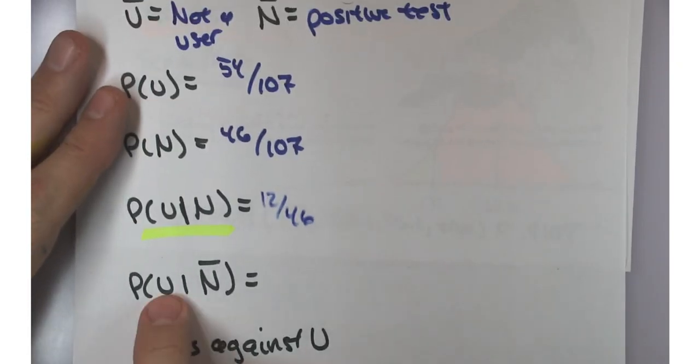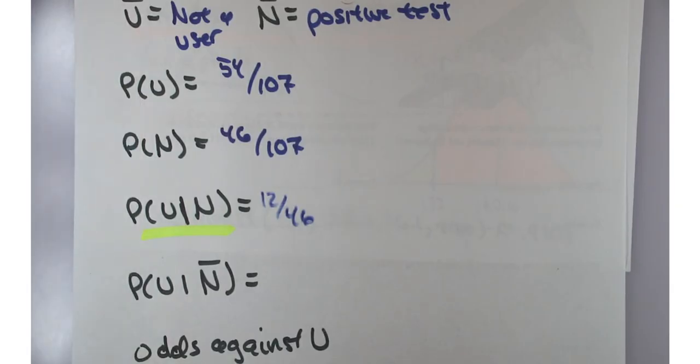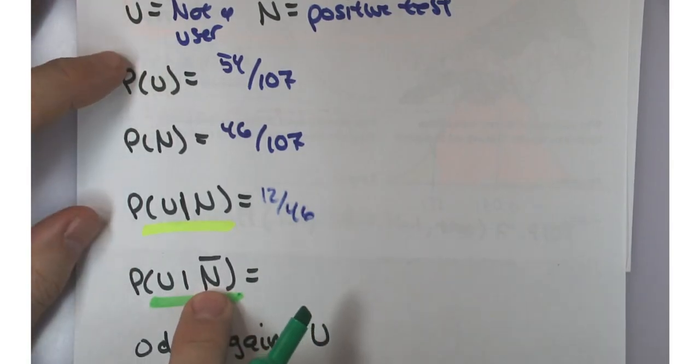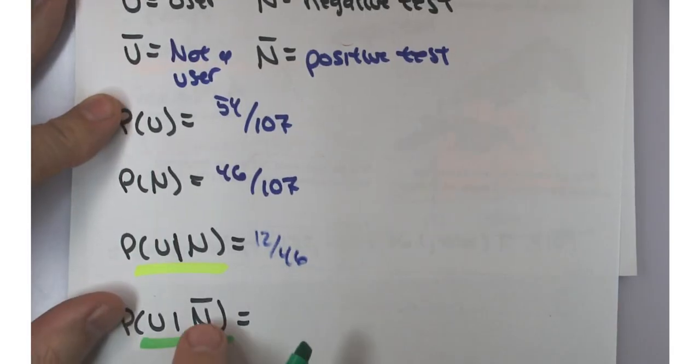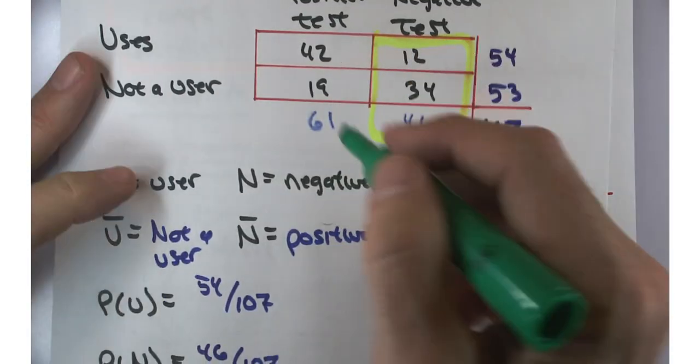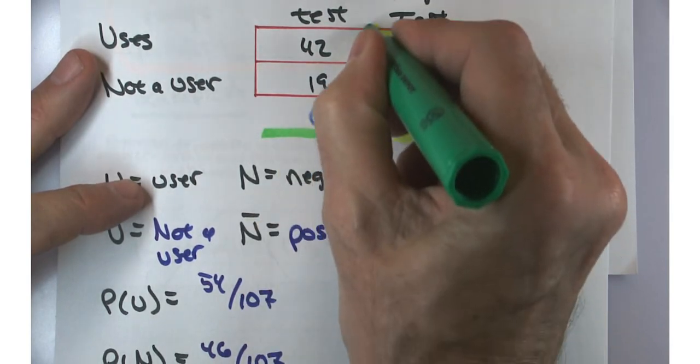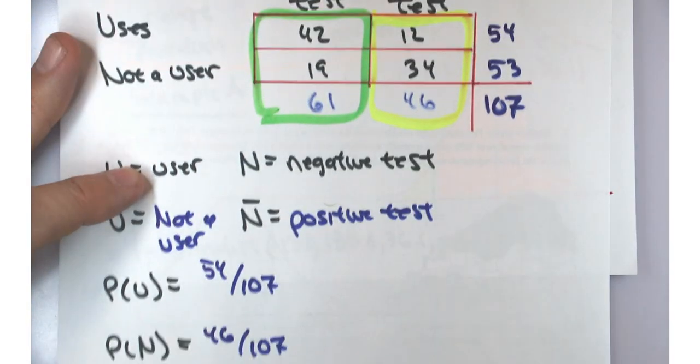How about the probability of U given N bar? Well, N bar essentially means that they tested positive, right? That they didn't test negative. If you didn't test negative, then you tested positive. So now we're at this part of the table, right here.